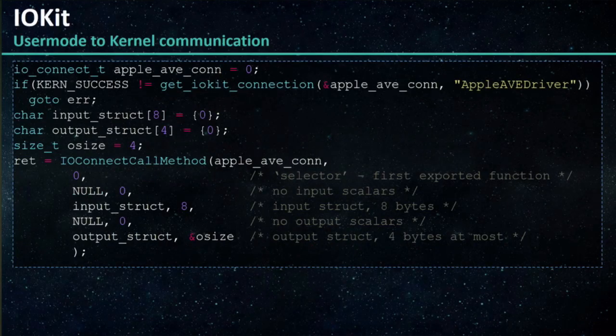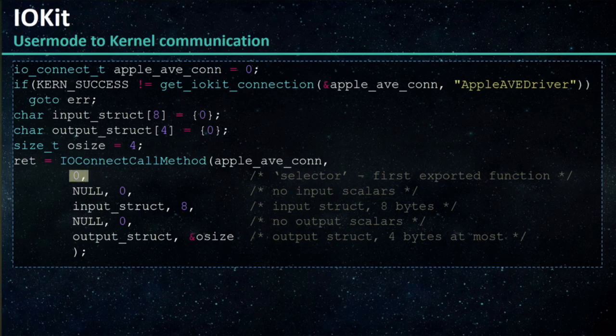So that's the function I showed before. That's the driver we're trying to communicate with. Apple AV icon, it is just the communication with the driver. That's the handle to the driver. Now we call the function with the index 0, so our selector is 0 here. We create an input buffer of 8 bytes and an output struct of 4 bytes. Because the output size might be different, we actually have to supply a size parameter, which the kernel can override.